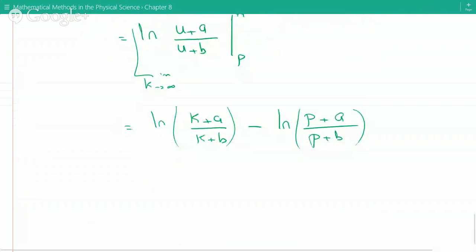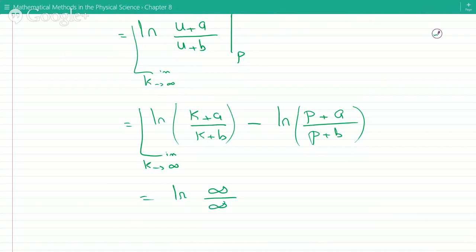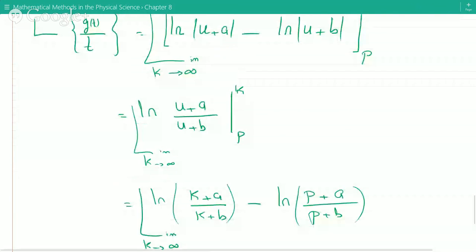Okay, and then we will take the limit as k goes to infinity. So on the first one, we will get ln of infinity over infinity. So we can use L'Hopital's rule, or we could divide by k. Either way, it's fine.